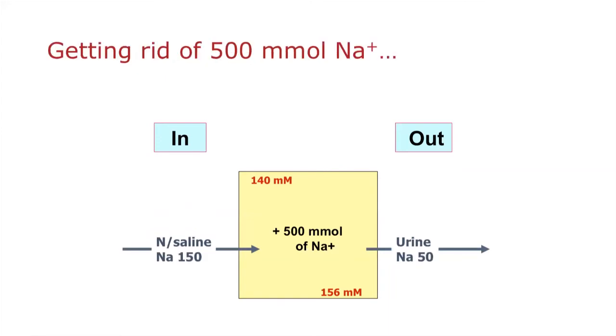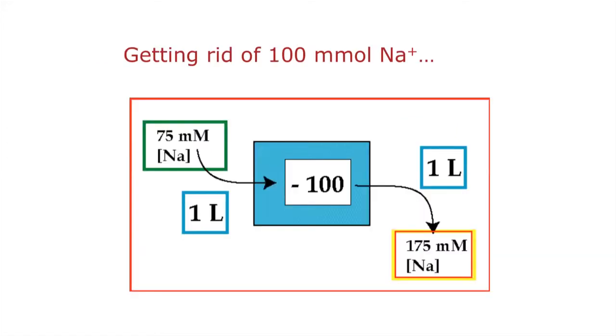So how does one get rid of 500 millimoles of sodium? As the clinician, we can either tweak what's going into the patient, or we can tweak what's coming out. And that's exactly what we did in this case. We switched the patient from normal saline to half normal saline, as you can see here.